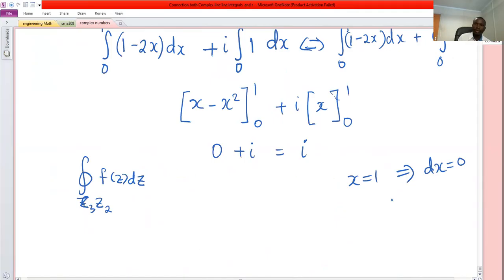So the limits will be the limits for y, 0 to 1, and where there's dx, it will be replaced by 0.